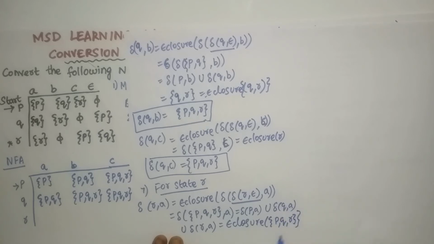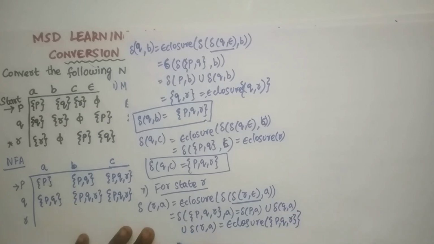When you are taking the union of all the epsilon closures, again you will have only {P, Q, R}.